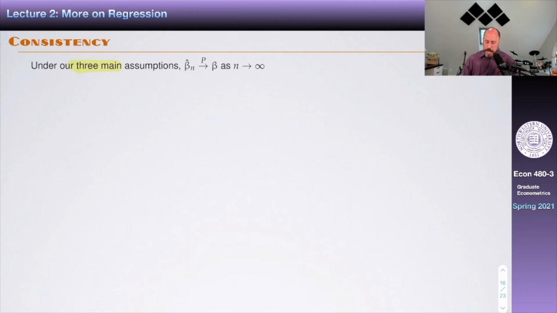By the weak law of large numbers, we have that 1 over n, the sum from 1 to n of xi xi prime, converges in probability to the expected value of x x prime, which is finite by assumption. So we can invoke the weak law of large numbers.